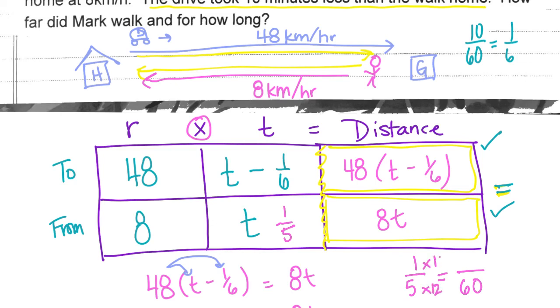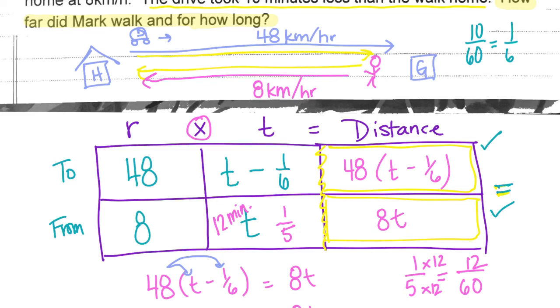So if I multiply each side by 12, I know that this is 12 minutes. Well, my question literally says, how far, I'm going to highlight it so you can see it. How far did Mark walk and for how long? Well, I know that he walked for 12 minutes.